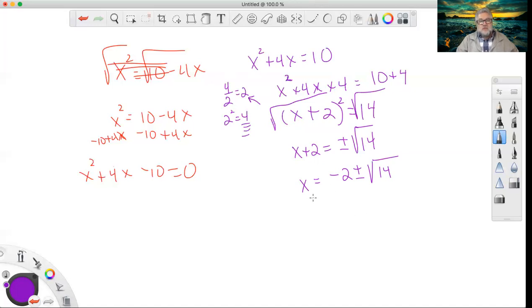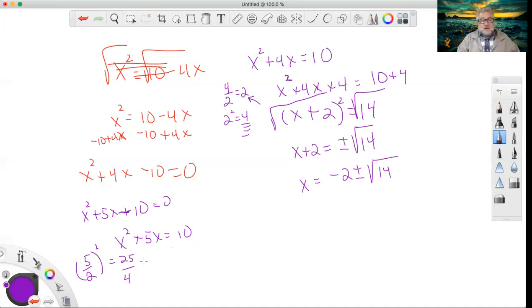The only time this is not easier is if this was a 5. So if you had x squared plus 5x minus 10, and then you did x squared plus 5x equals 10. So I take half that number, 5 over 2, and then I'm going to square it. So we're going to get 25 over 4. Well, that's kind of weird. And then we got to add that to both sides. So now this gets really uncomfortably weird.